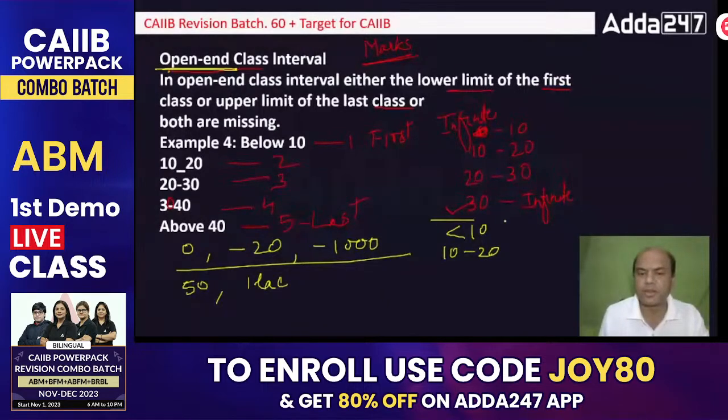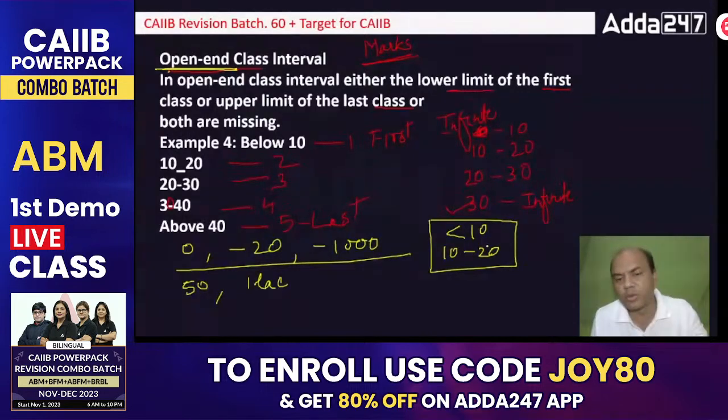I'll write only this much. Is this an open-ended class or closed-ended class? Everyone? Less than 10, then 10 to 20, only this much I have written. It's open-ended. Why? Because one end is open. Any end can be open.